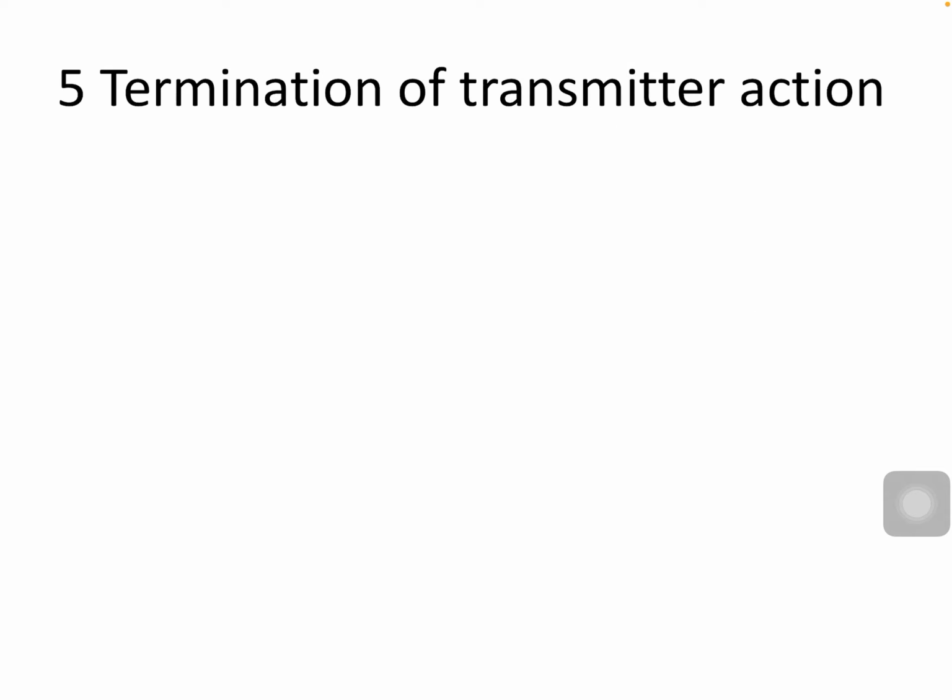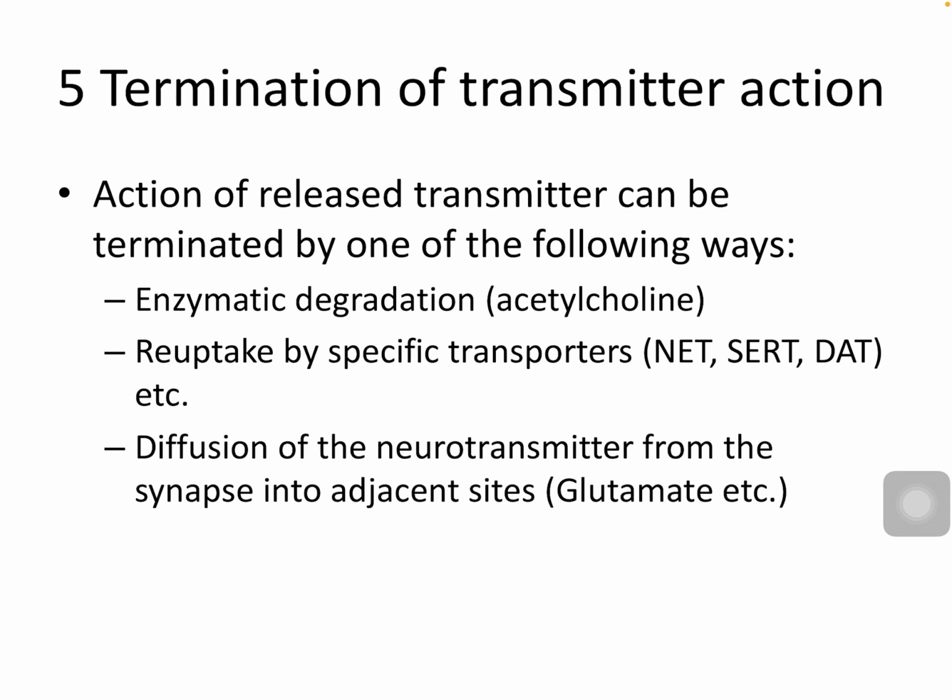And finally, the last part of neurohumoral transmission is termination of the transmitter action. The action of the released transmitter can be terminated in the following ways. We need to terminate the transmitter action because we do not want continuous stimulation. We do not want continued action. Once the message arrives and has been transmitted across the junction, then the messenger needs to go away.